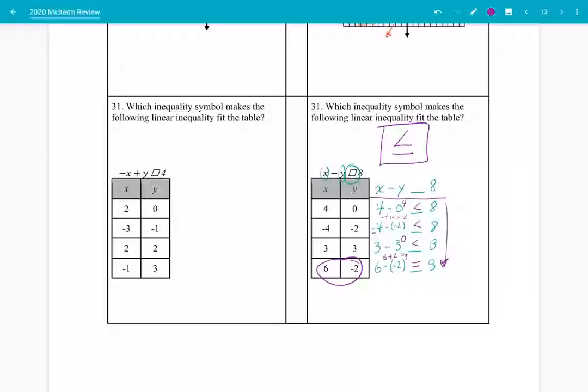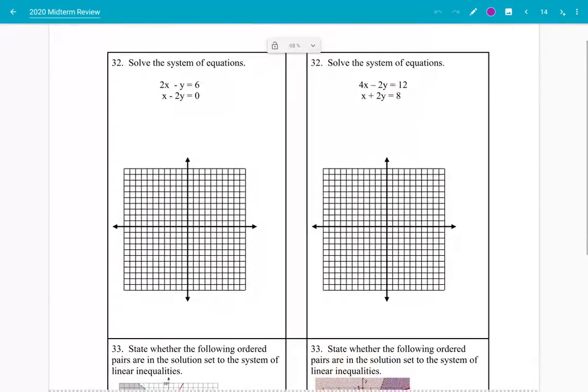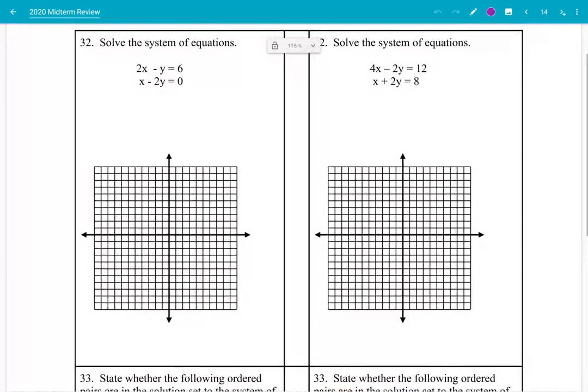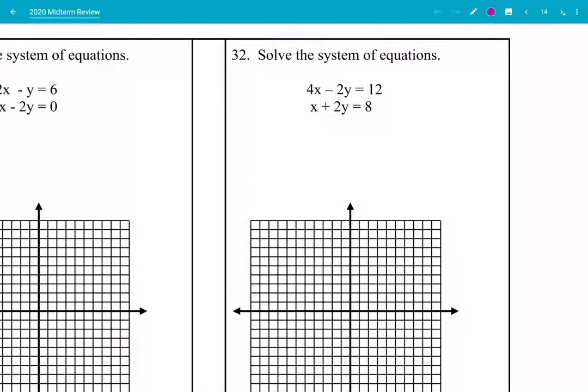All right, this is the last page. We're going to solve a system of equations. I'm going to use elimination. You can graph this if you want. You can find the intercepts and graph both of those, or you can convert them and graph. But I'm going to use elimination.